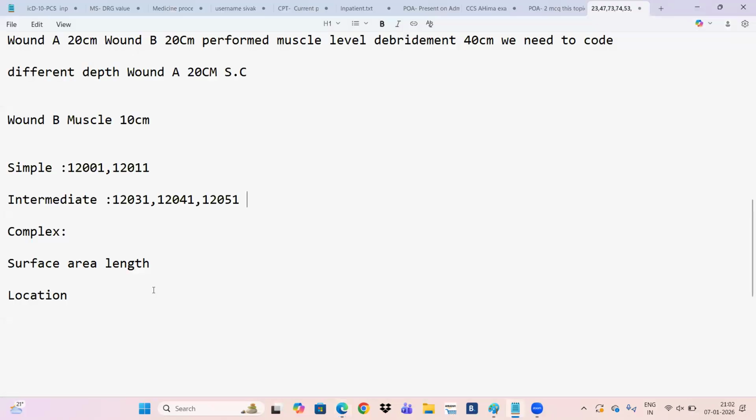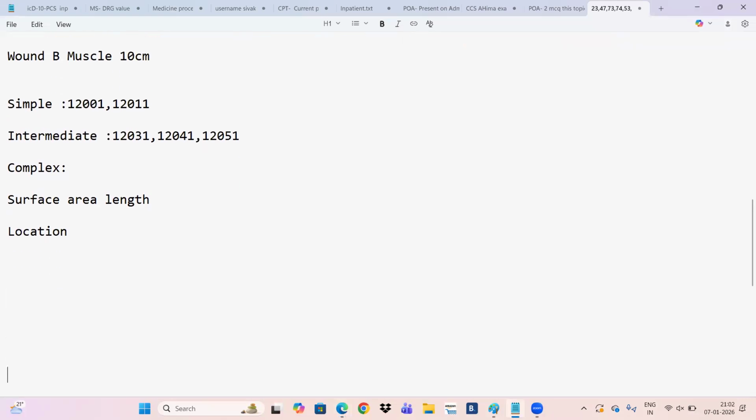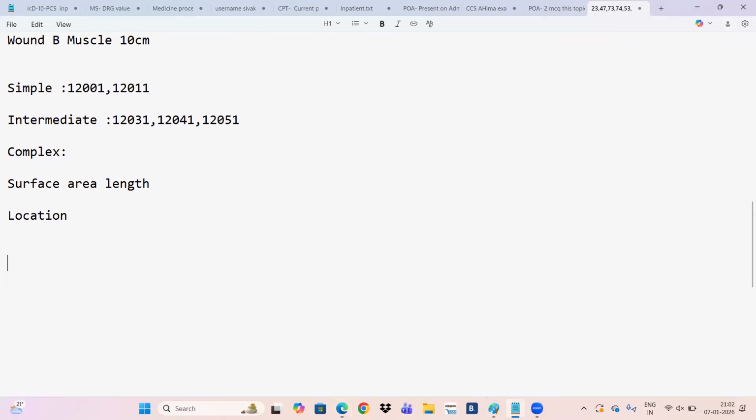Now, next concept. After identifying the location, you will go to the code. When they performed a single laceration, like one wound, no problem, guys. We can code directly based on the location, length, and type of repair. Suppose scalp 2 centimeter, simple repair.